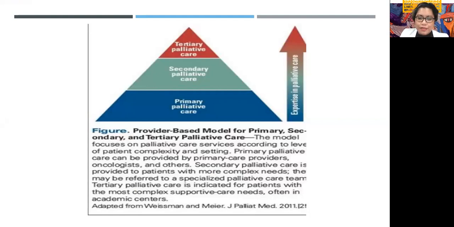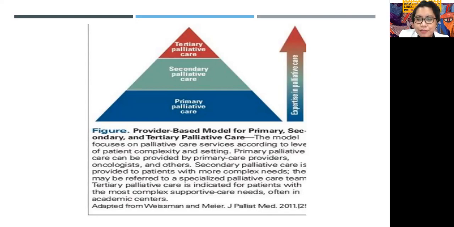Secondary palliative care is provided to patients with more complex needs, and they may be referred to a specialized palliative care team. While tertiary palliative care is indicated for patients with the most complex supportive care needs, often in academic centers.